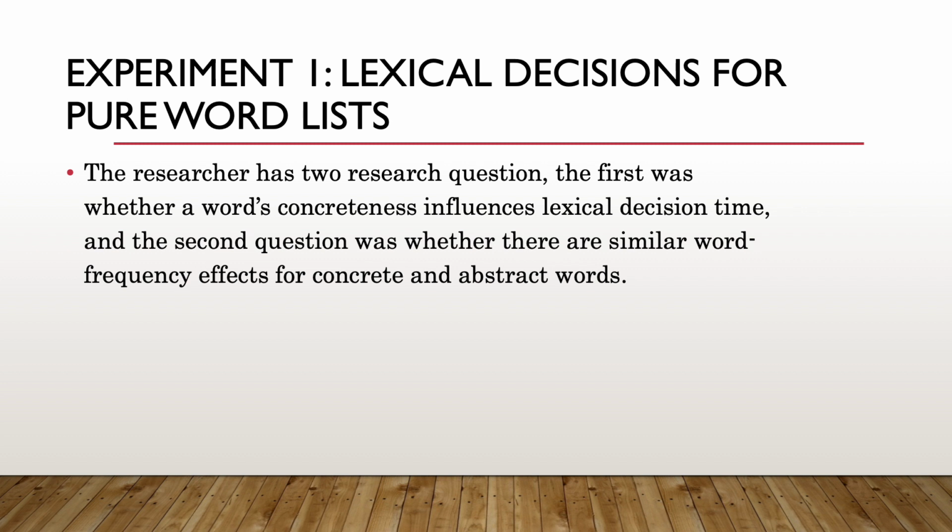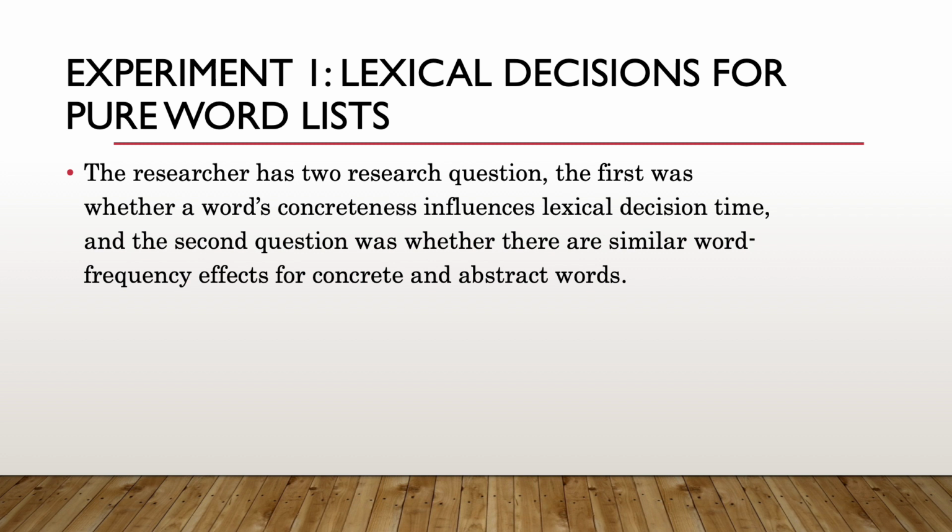The researchers titled the first experiment Lexical Decision for Pure Word Lists. The researchers had two research questions. The first was whether word concreteness influences lexical decision time, and the second question was whether a similar word frequency effect for concrete and abstract words existed.